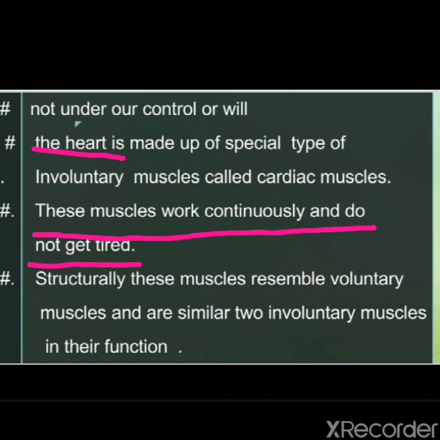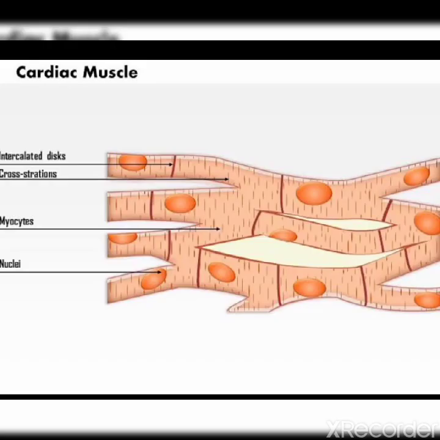These muscles work continuously and do not get tired. They never get tired. These muscles are not under our control or will. Can you imagine if anyone's heart did not work, then what would happen? So these muscles work continuously and do not get tired.